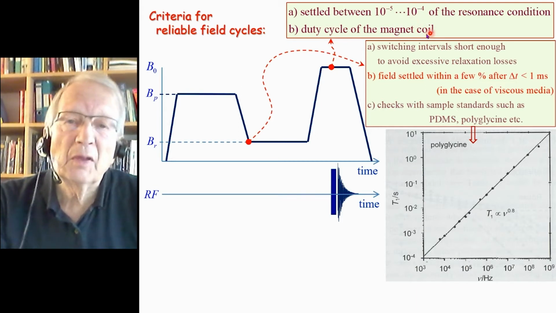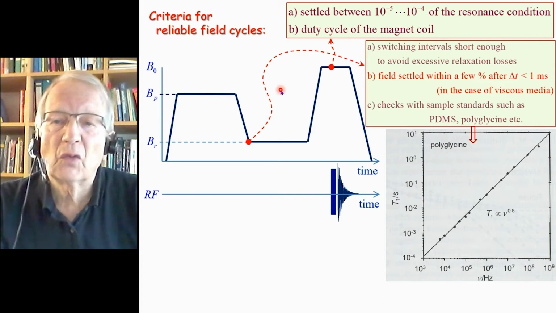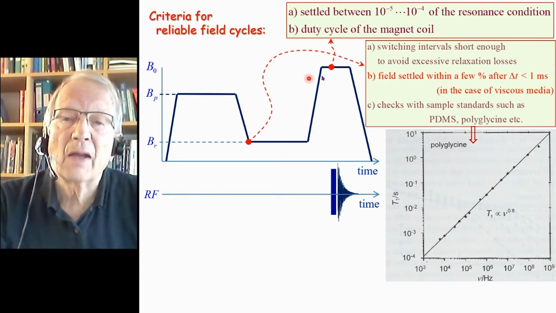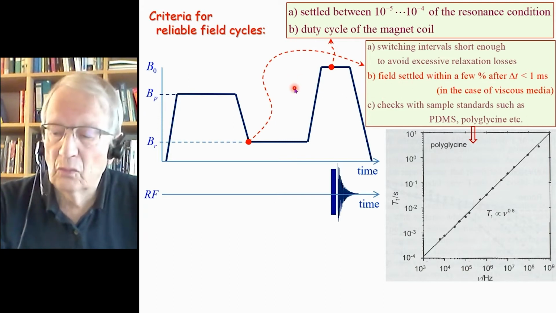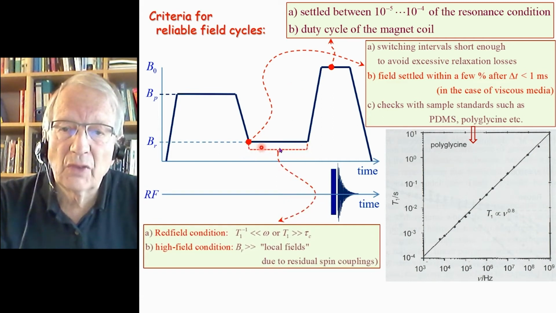And this may also be quite important. A further point may be the duty cycle. We are working with a resistive system, and if we have high fields, there might be thermal effects we would like to avoid.